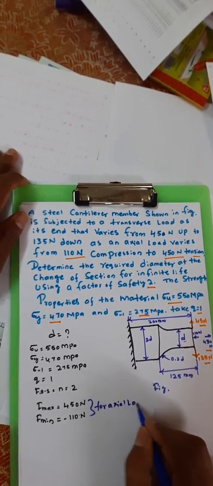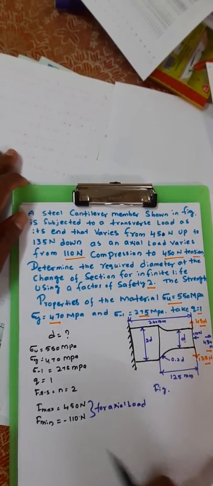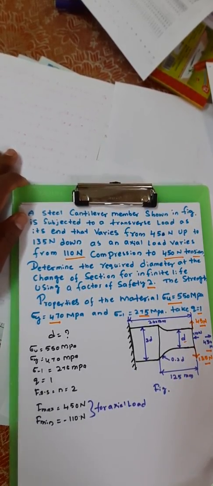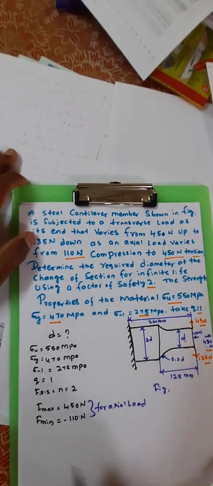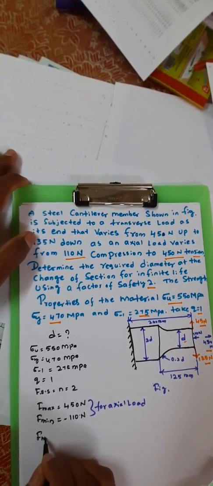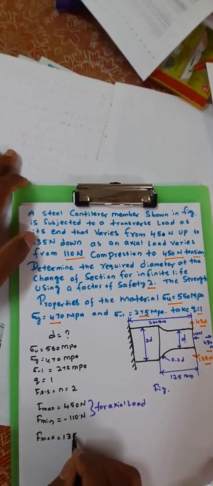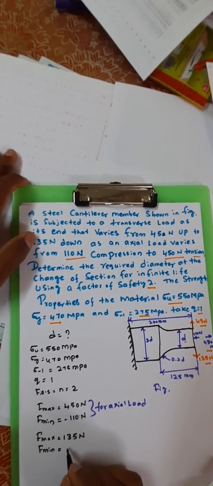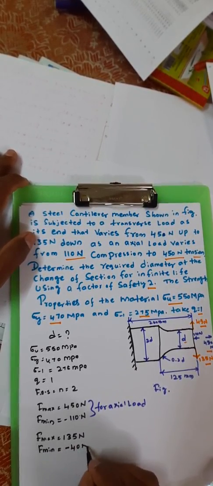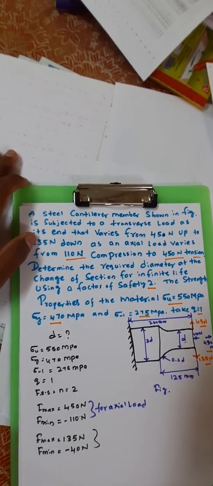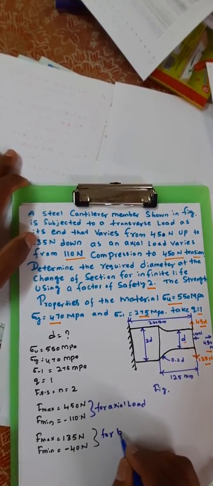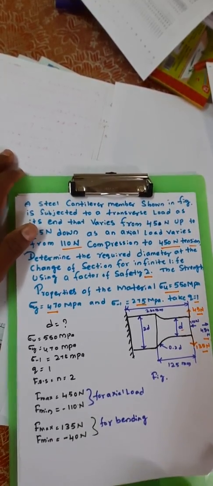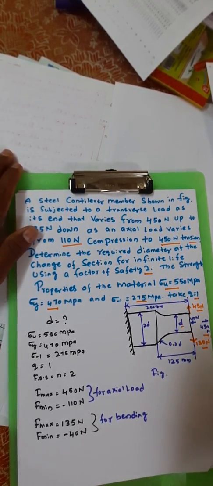For the axial load, F maximum with respect to tensile is 450 Newton, and F minimum is minus 110 Newton. In the same way for bending, we have upwards 45 and downwards 135. F maximum is 135 Newton and F minimum is minus 45 Newton for bending. So this is the given data for this problem.